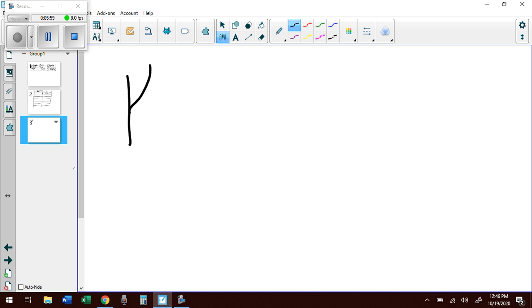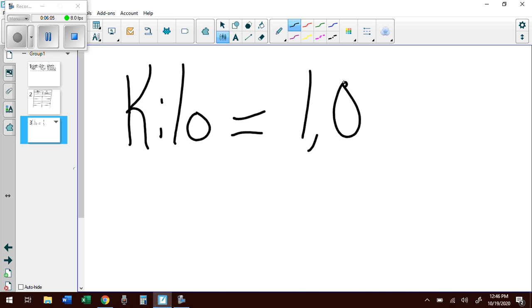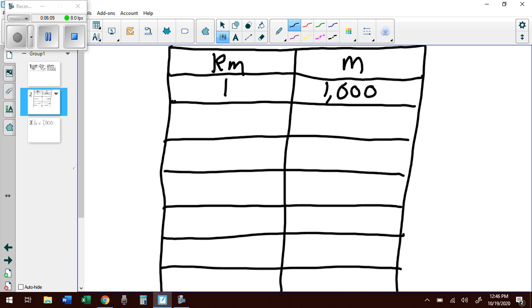The prefix kilo means 1,000. So if 1 kilometer is 1,000 meters, 2 kilometers would be 2,000 meters.